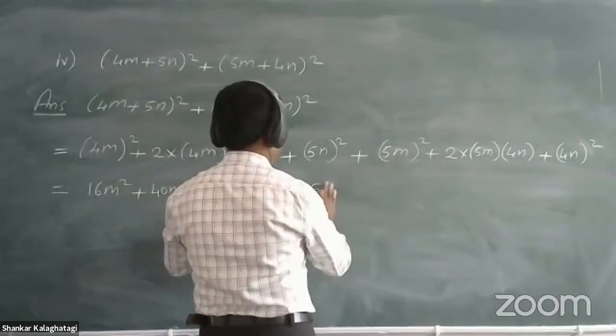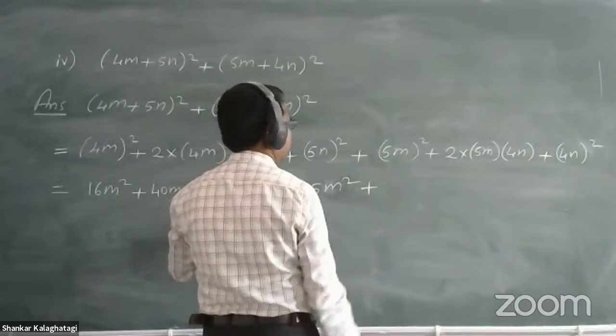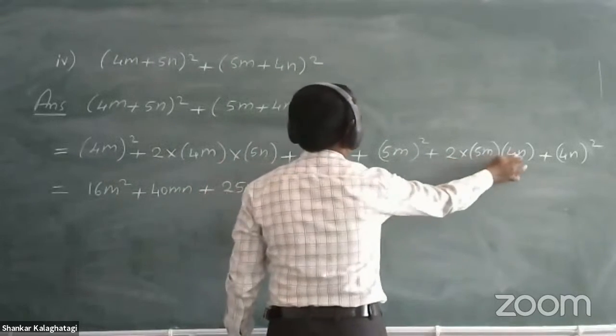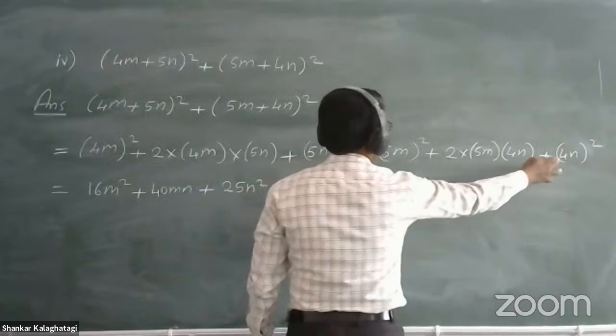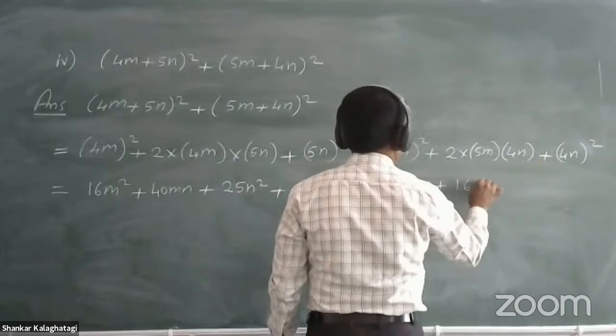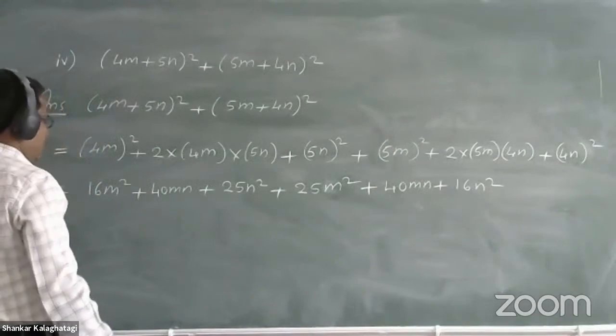This is 25m² plus 2 times 5 is 10, 10 4s are 40mn, plus 4 4s are 16n². Now add like terms.